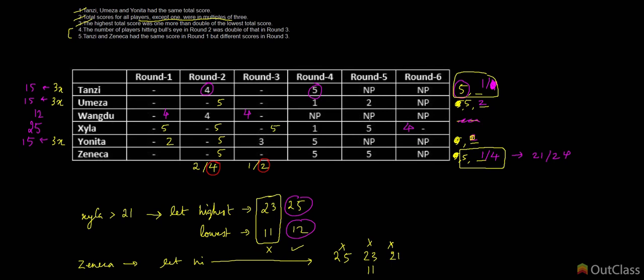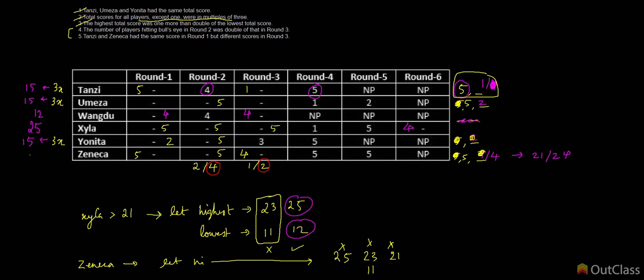And both of these situations are contradicting what is given, which is that round 1 will match but round 3 score will not match. So we have to reject 5-1 as an option for Zenaka, and we have to choose 5-4, at which point for round 1 to be the same we'll have to put 5-5, and for round 3 to be different we'll have to put 1-4.